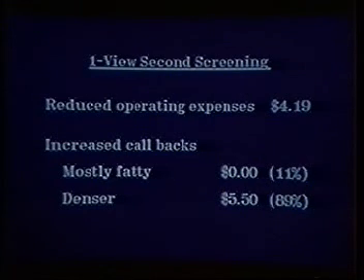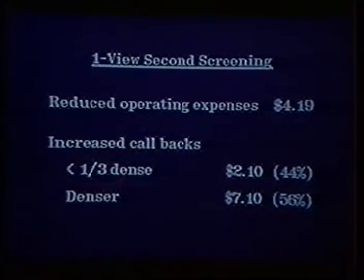You can actually develop a more cost-effective strategy by applying single-view screening to all women who have less than 1/3 dense tissue. This is the first 2 of our density classifications.